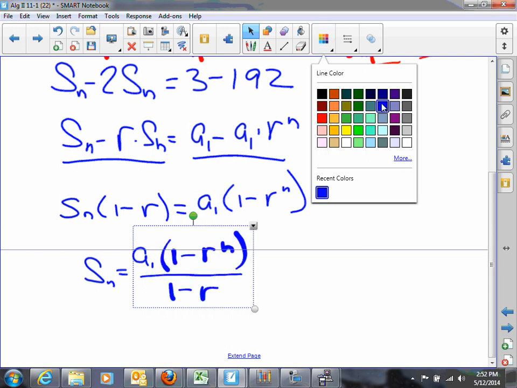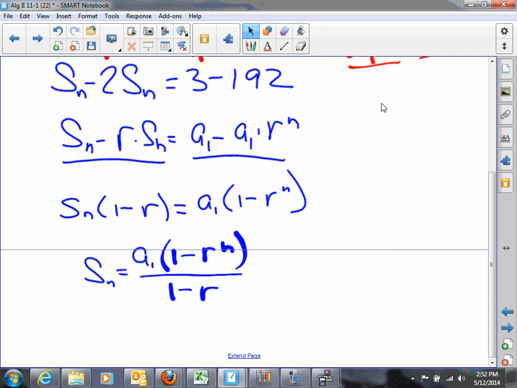There we go. All right, so here's the formula for the sum of the first n terms of a geometric series. It's the first term times 1 minus the common ratio raised to the n. Now notice this exponent's inside the parentheses, over 1 minus r. And there's an alternate form, and we kind of just blew by that one.